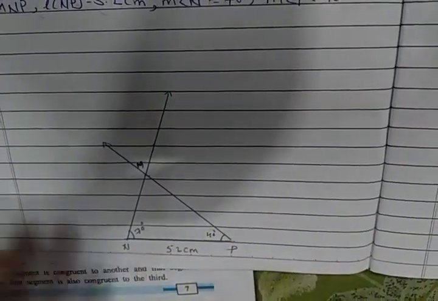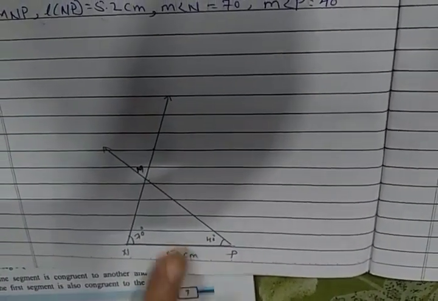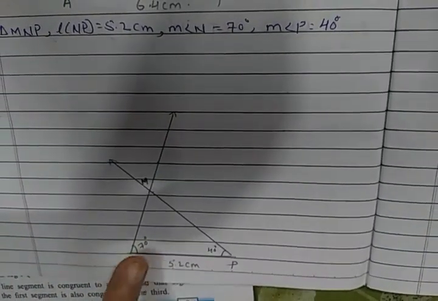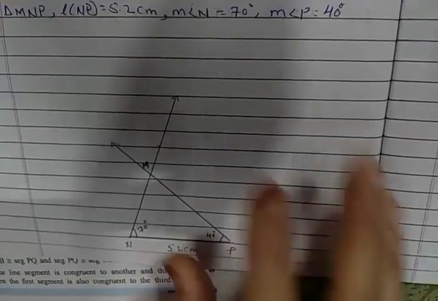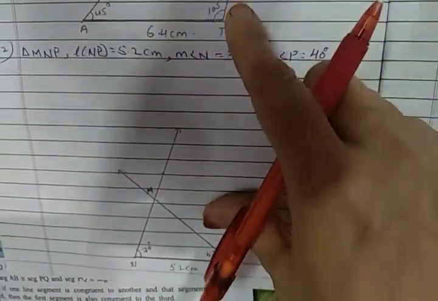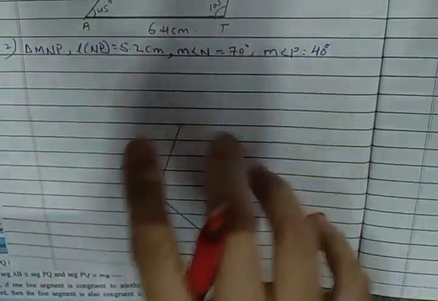And this is the measure of 40 degree. Have you understood, students, how to construct the triangle when two angles and one side is given? Same thing, same which I have done. You have to do it by yourself in question number 3 and 4.